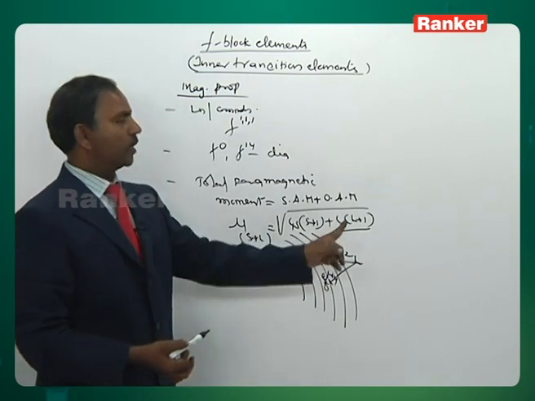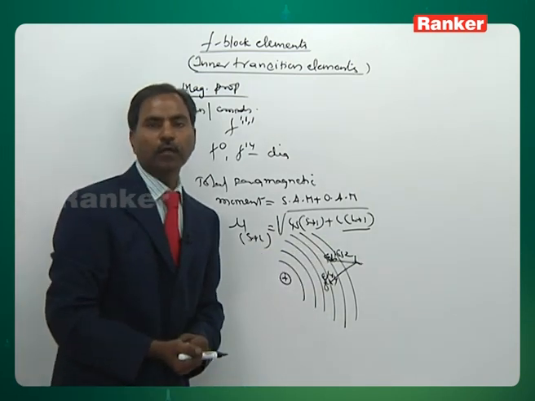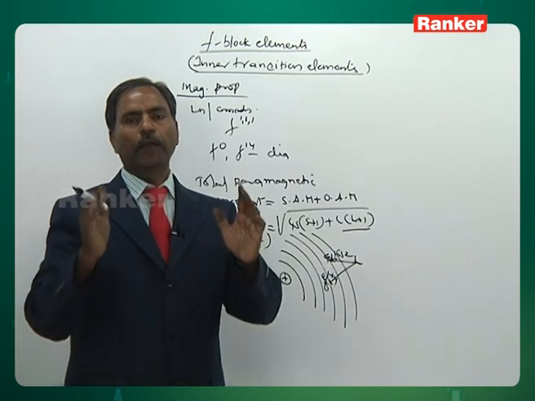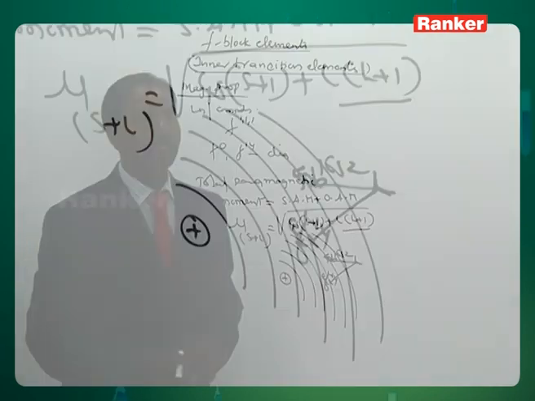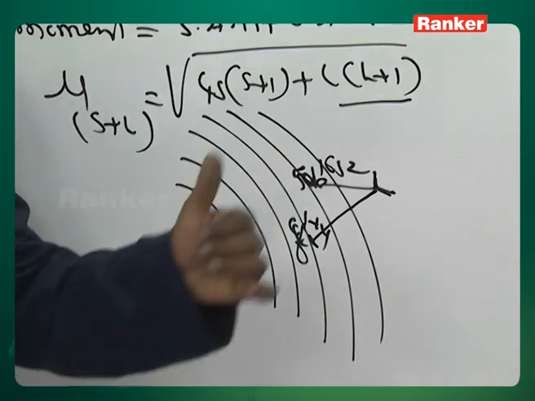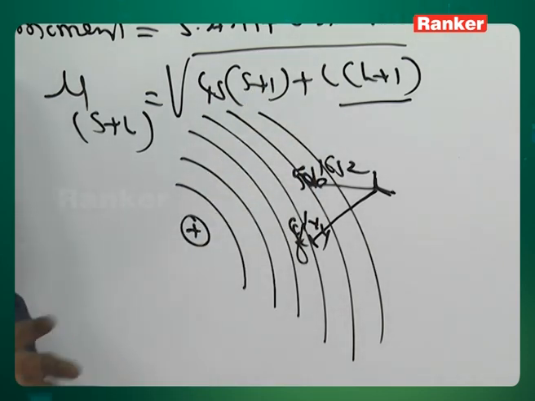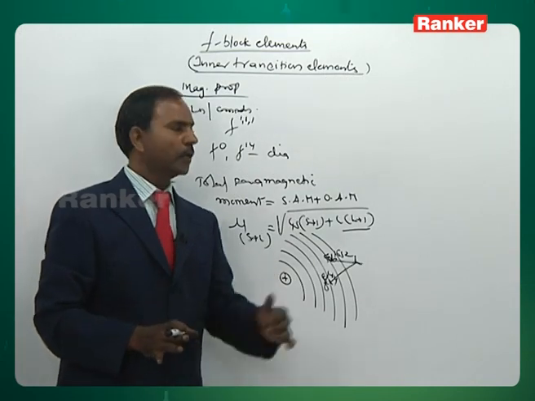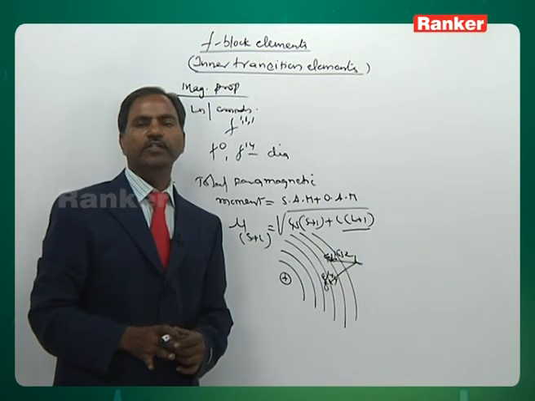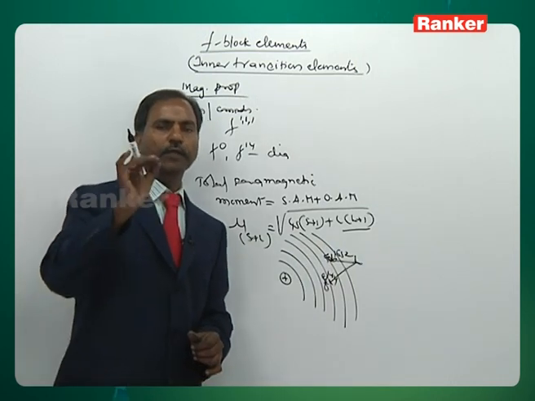Therefore, consider the equation you have to use for the calculation of total paramagnetic moment of f block or lanthanide elements. In d block, the orbital angular moment is quenched by the ligand fields, especially in the 3d series.